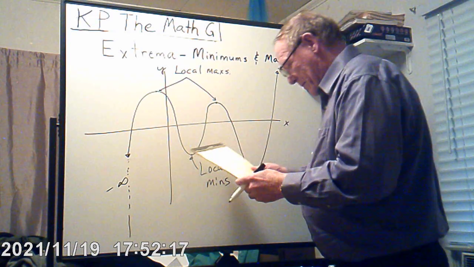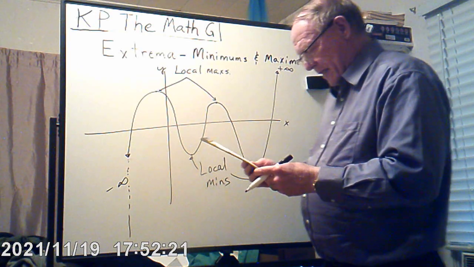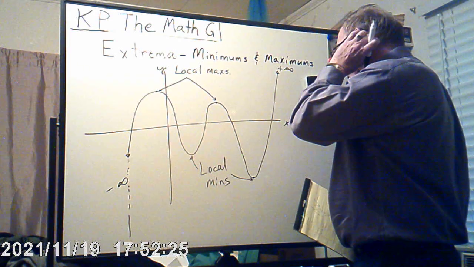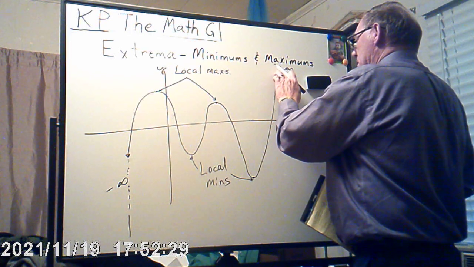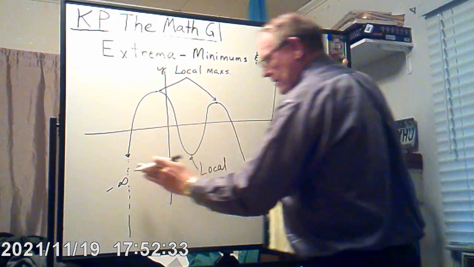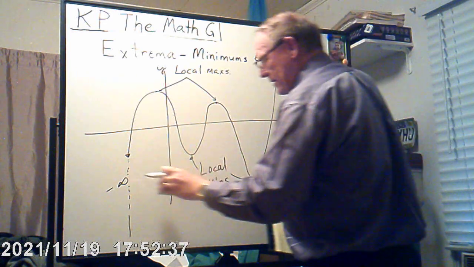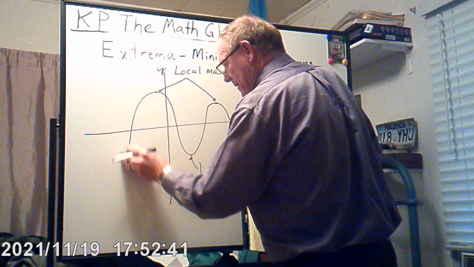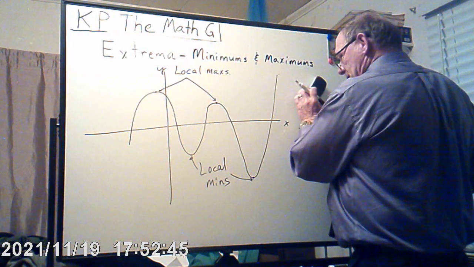Let's look a little bit now at what we call absolute maximums and absolute minimums. Instead of putting this at positive infinity, let's go ahead and erase this. Let's do this right here.